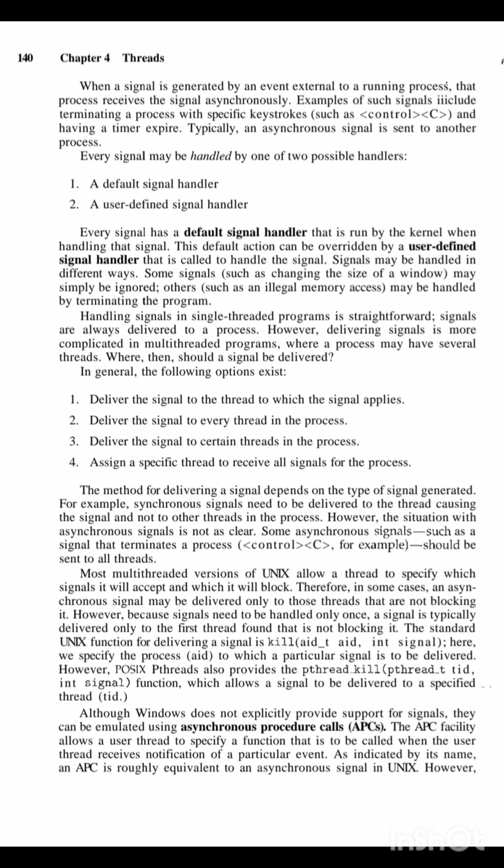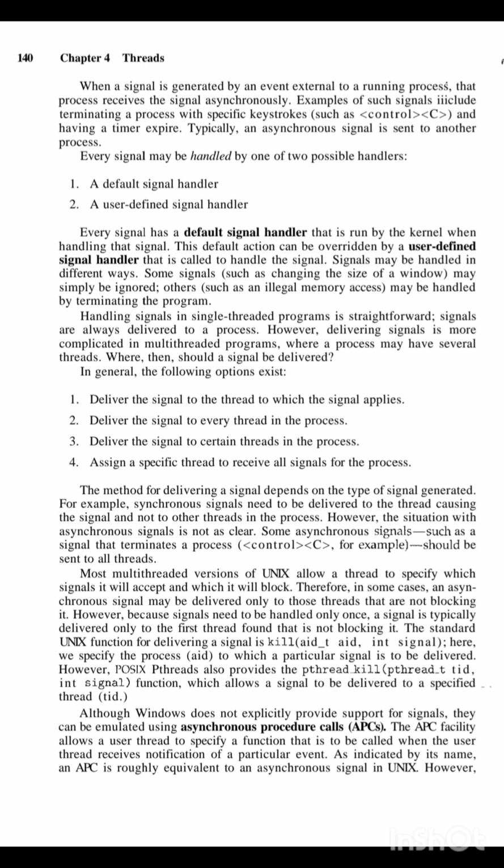Every signal has a default signal handler that is run by the kernel when handling that signal. This default action can be overridden by a user-defined signal handler that is called to handle the signal. Signals may be handled in different ways. Some signals, such as changing the size of a window, may simply be ignored. Others, such as an illegal memory access, may be handled by terminating the program.